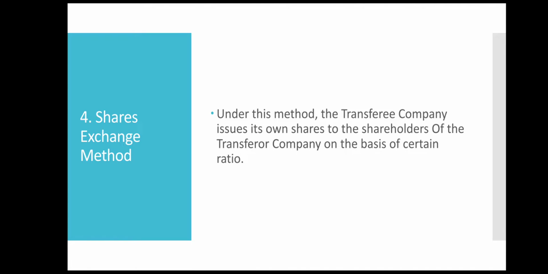Hello students, in today's video we are going to discuss the next method of calculation of purchase consideration, that is the shares exchange method. Let us see how to calculate purchase consideration under this method. Under this method, the transferee company issues its own shares to the shareholders of the transferor company on the basis of a certain ratio.